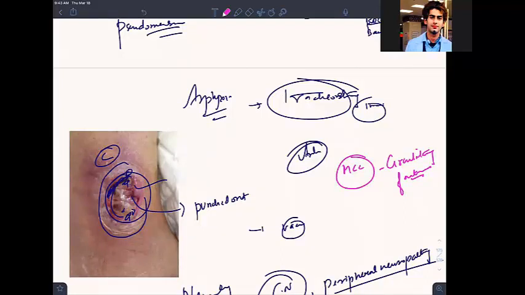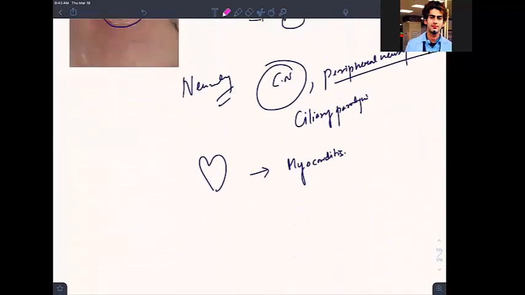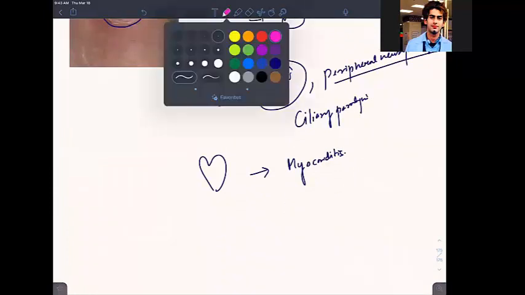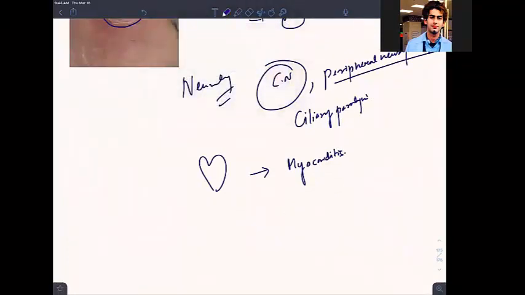Okay, easy. Now, all of this is the systemic manifestation that can occur as a complication. If you talk about complications, you can write peripheral neuropathy. Why peripheral neuropathy? Because demyelination is happening, isn't it?